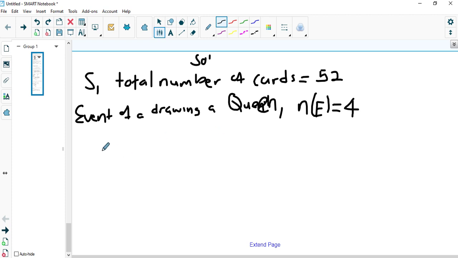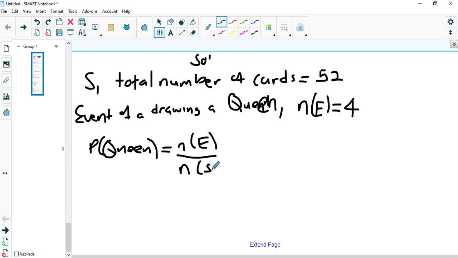The probability of drawing a queen should be equal to the total number of the event, the favorable, divided by the total number in the sample space, which is S. So the chance of drawing a queen is found by dividing the number of queens among the 52 cards.